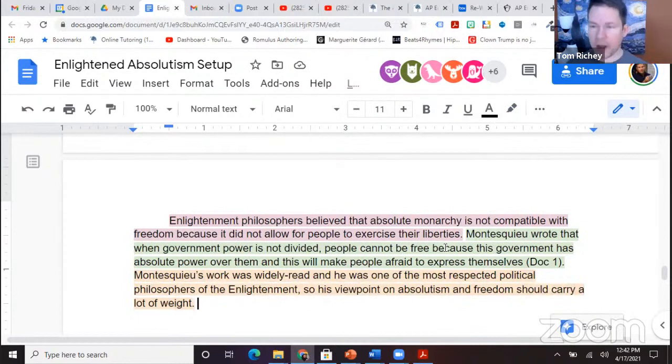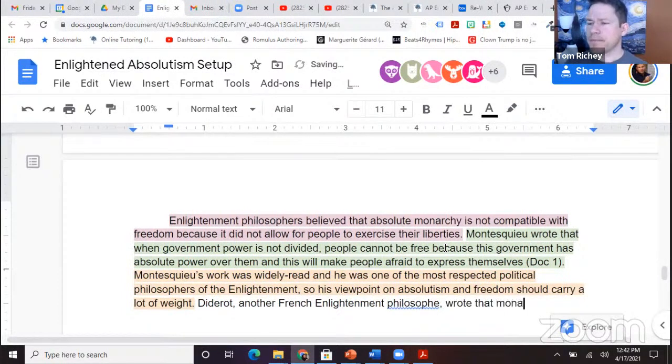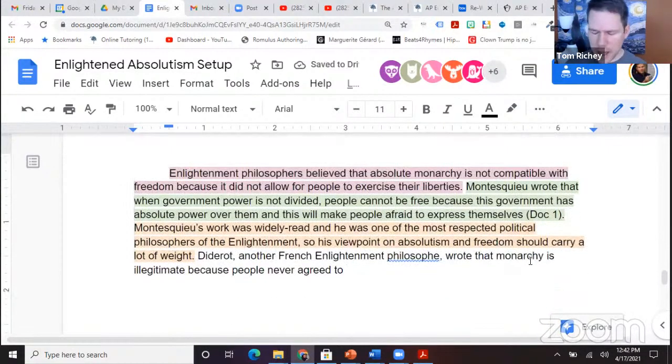Now I'm going to go on to Diderot, another French Enlightenment philosopher. Or if you want to be fancy, you can put philosophe here. So another French Enlightenment philosophe wrote that monarchy is illegitimate because people never agreed to it.